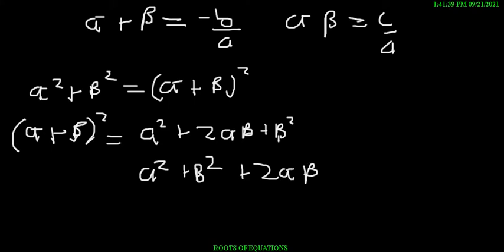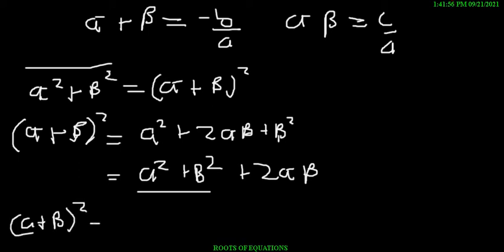So we can see that this is the same as this. So we can simply make this the subject of the formula to get back to the original question. And therefore we're going to have alpha plus beta squared minus 2 alpha beta.